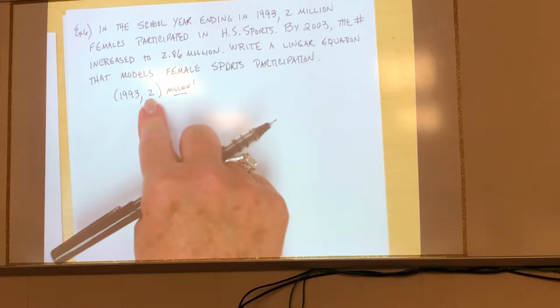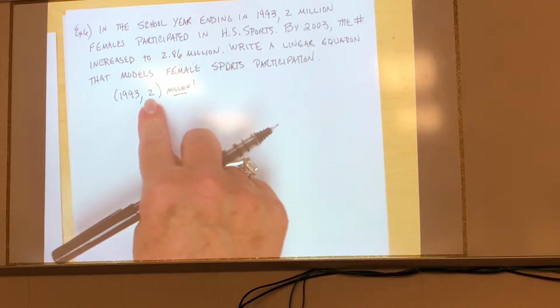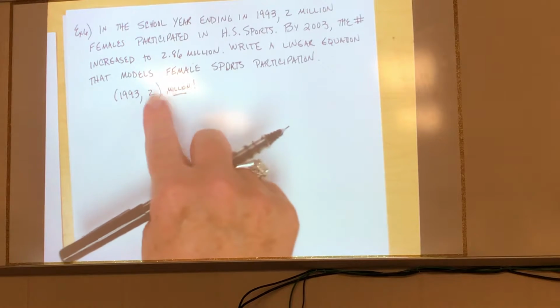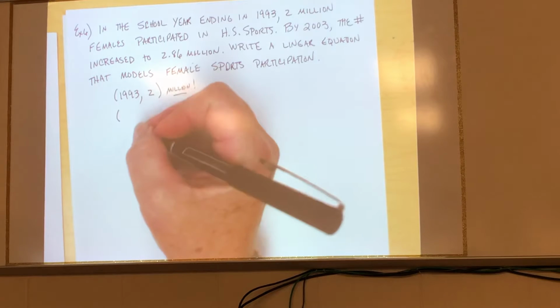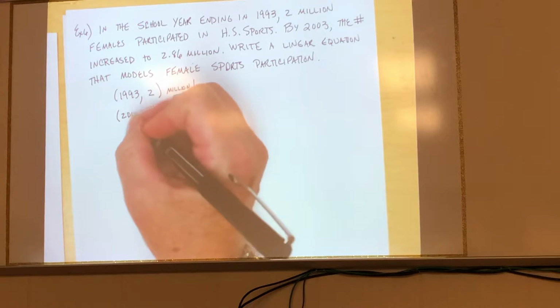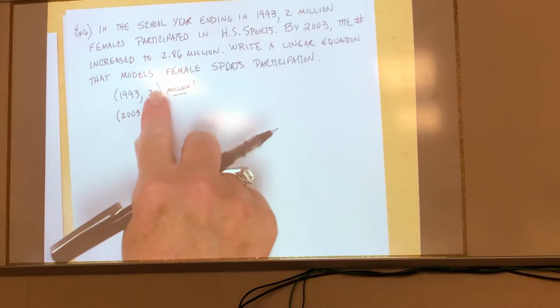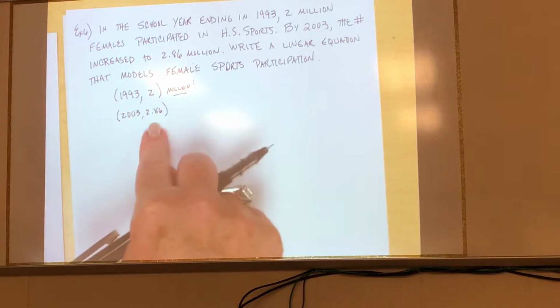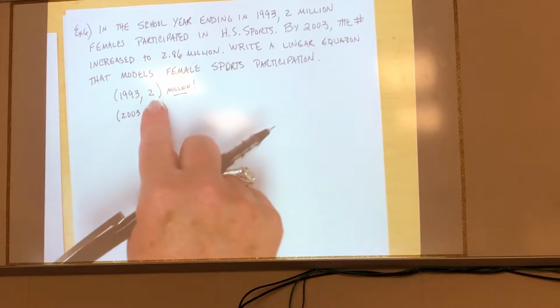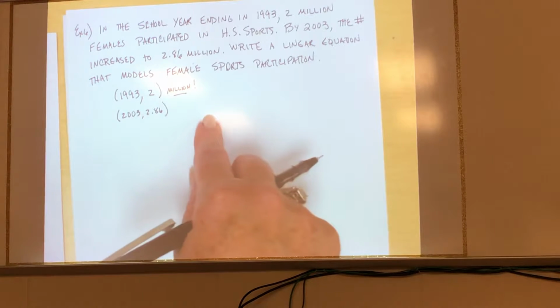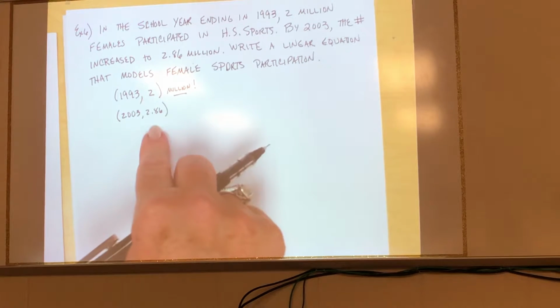Yeah, $2 and you go get you a Sonic drink, right? $2 million, you go buy a Sonic, right? So, what's my next point? 2003 and 2.86 million. And y'all, if this is in millions, you have to put this one in millions too. You can't write this one as 2 and then move this one's decimal point. They have to be represented the same way.